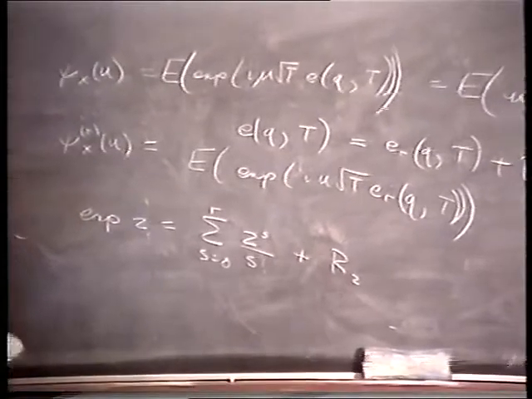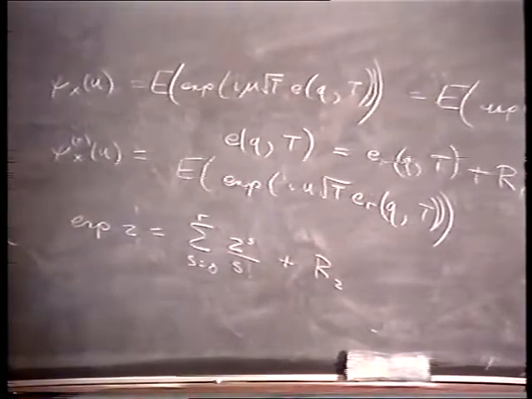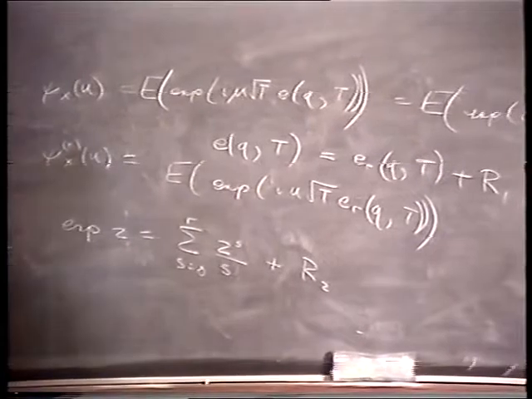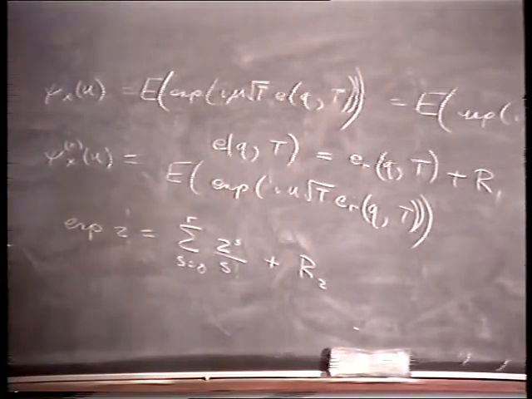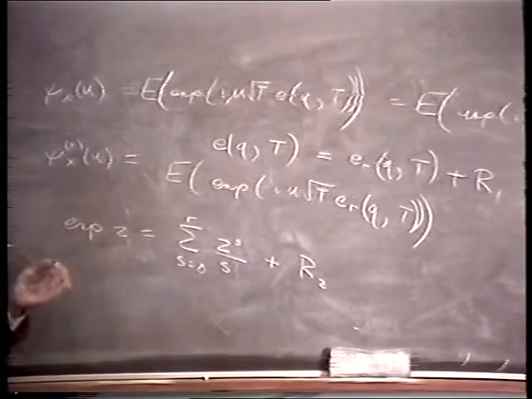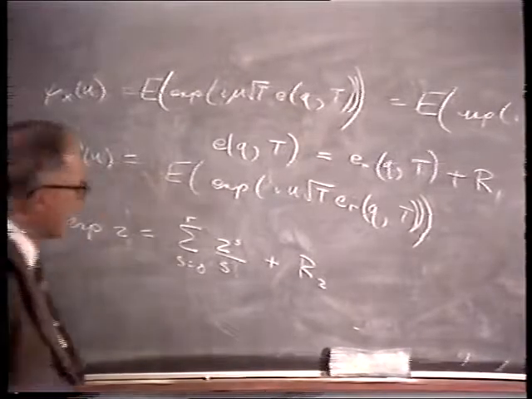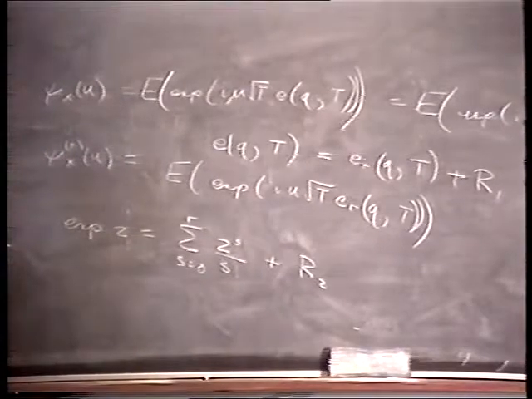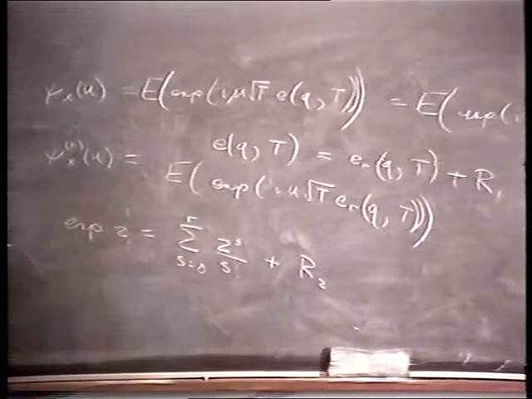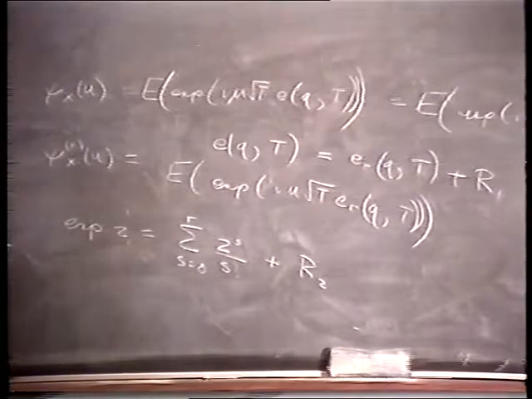Now, R2 we can deal with using a well-known inequality due to Feller, or at least quoted by Feller in his corresponding chapter on single variable work of this kind.